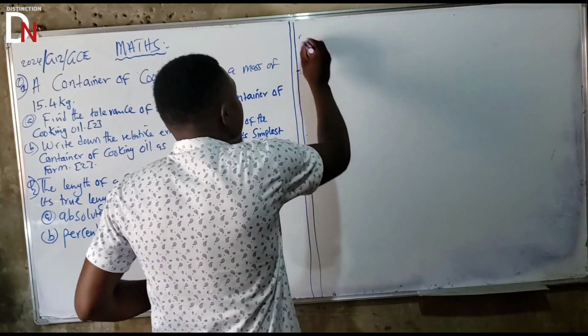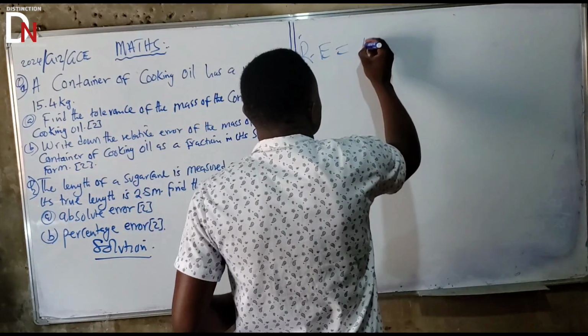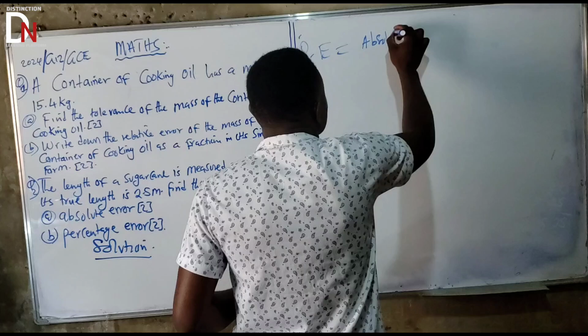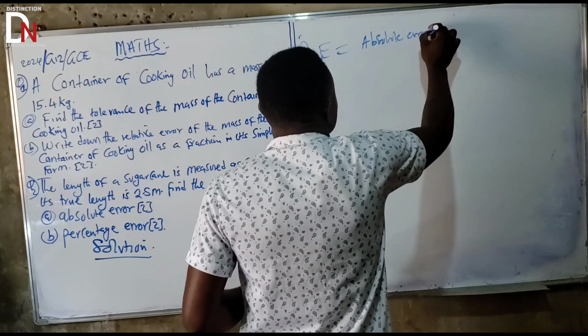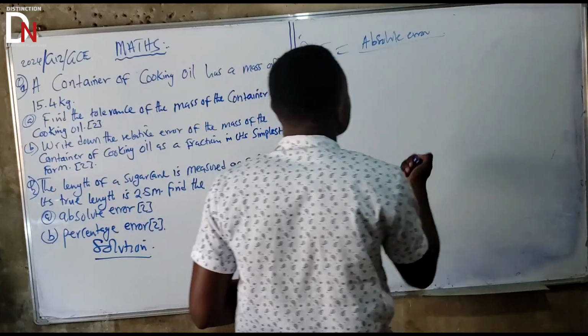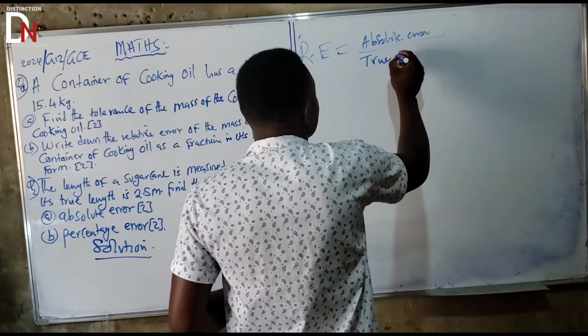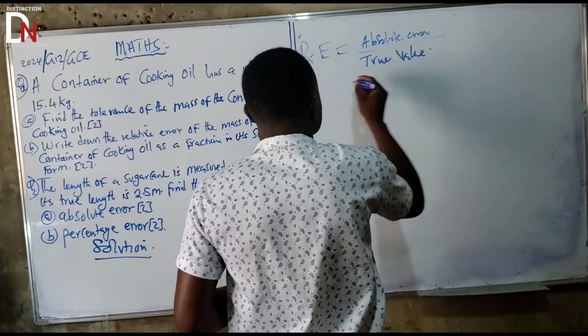Therefore, relative error is equal to the absolute error divided by the true value or the measured value.